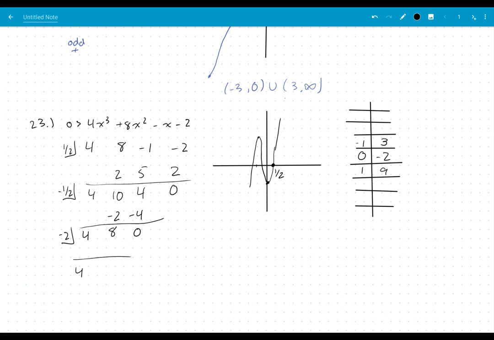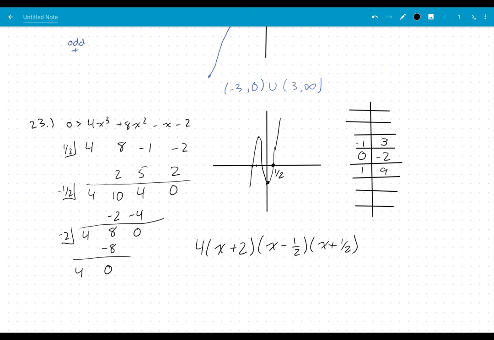4 and -8, 0. All right, so our function here is going to be 4 times x plus 2, x minus 1/2, and then x plus 1/2. And that's our function that gives us what we're looking at.